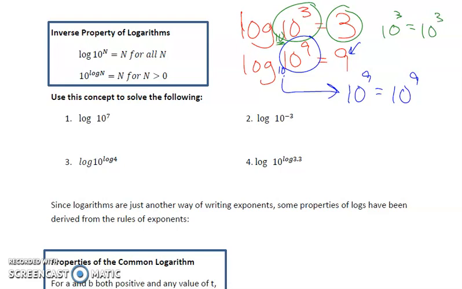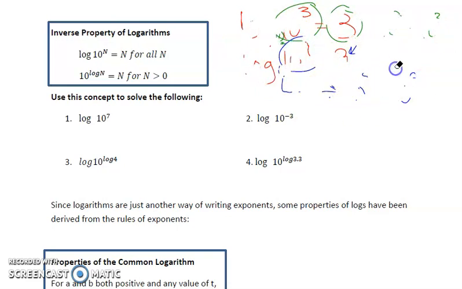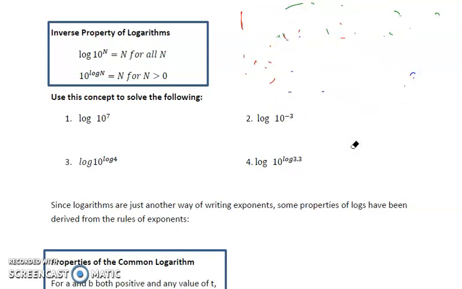In the second rule, they're asking you to look at a different problem or rule. This is saying that 10 to the log of some number like 3 is equal to 3.